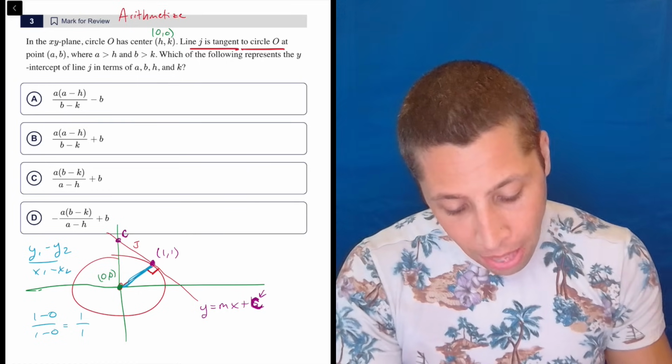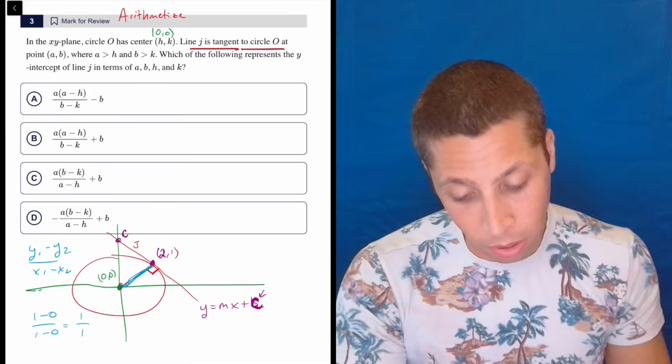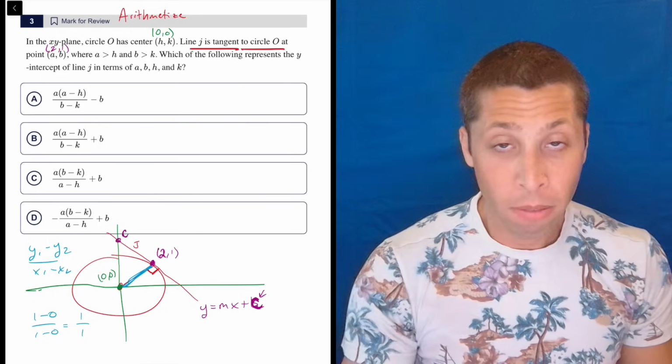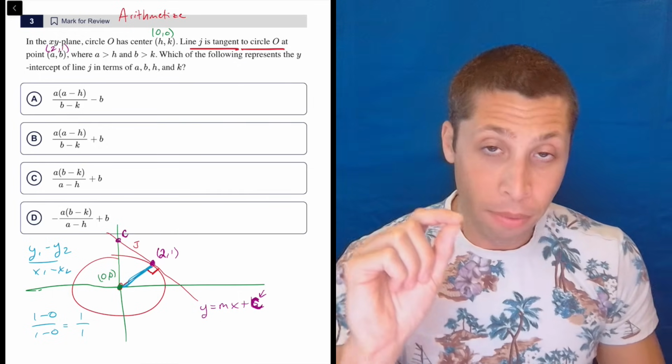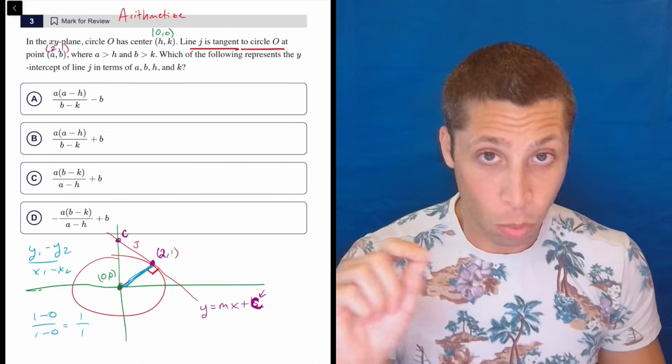Instead of making AB 1, 1, let's make it 2, 1. Let's just change one of those. So let's put this here so I don't forget it. If I make it 2, 1, then the top of the slope formula, y1 minus y2, is still 1 minus 0. That's the y coordinates.